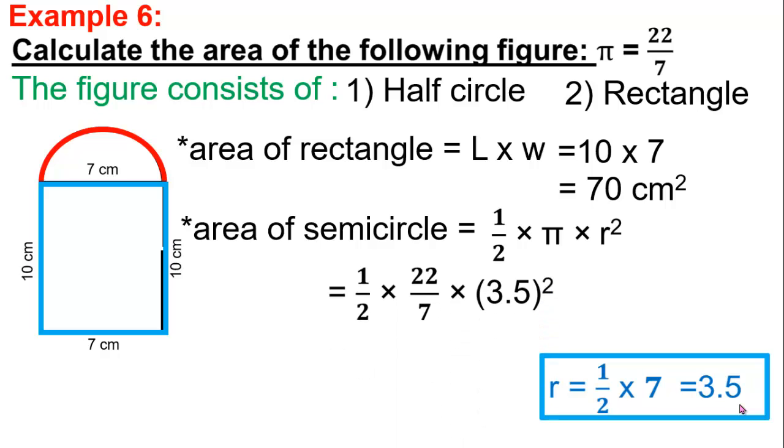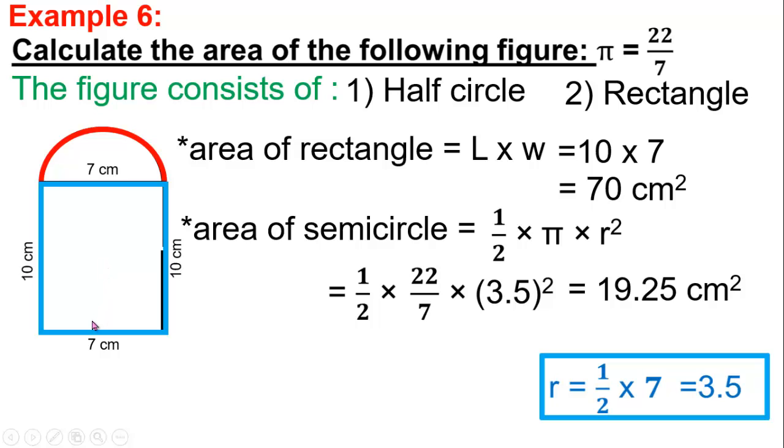It will be equal to half times 22 over 7 times 3.5 squared. 3.5 is the length of the radius that I have just calculated. As a result, I will have the area of the semicircle equal to 19.25 centimeters squared.